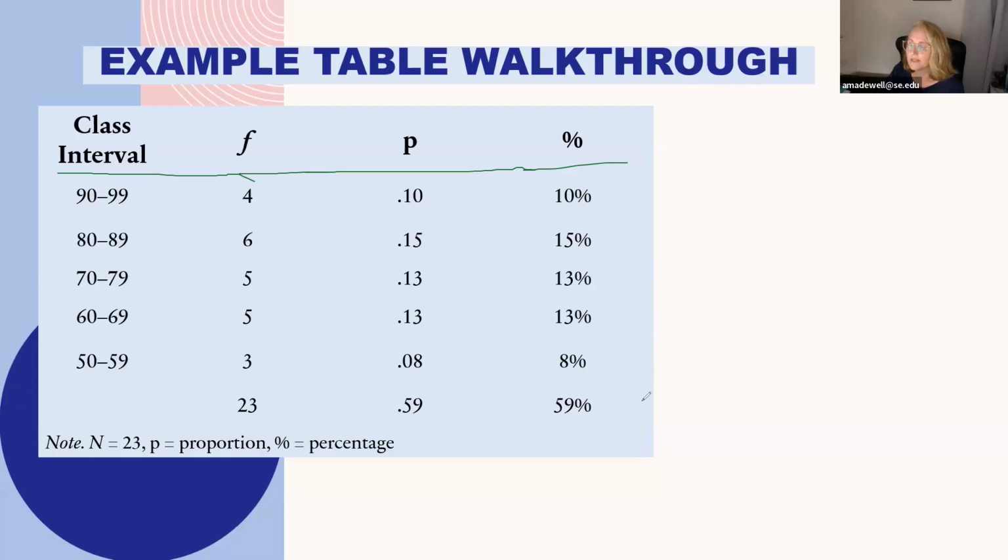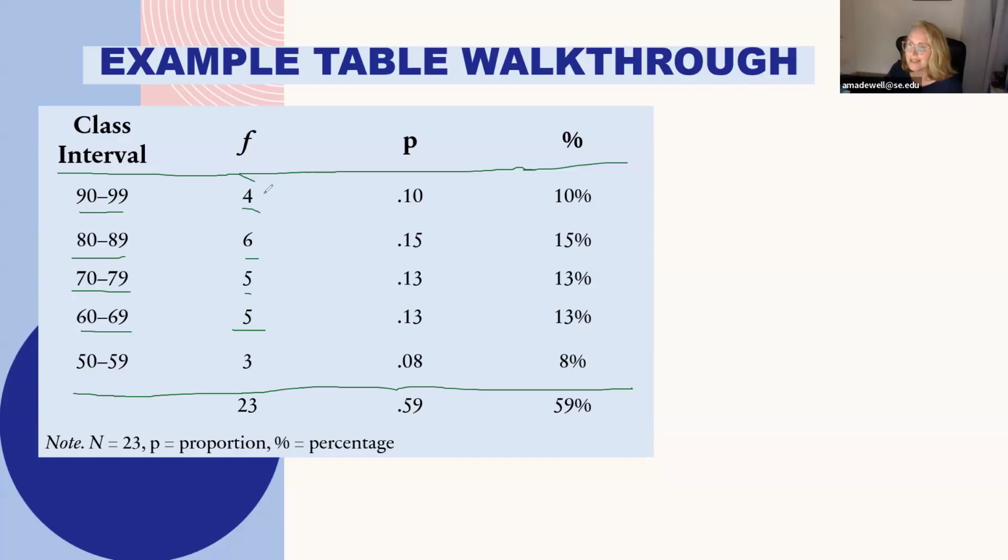We want to give all of this information, and we also need a line down here according to APA style. If our first interval is from 90 to 99, that means there were 4 people. From 80 to 89, 6 people. 70 to 79, 5 people. 6, and so on and so forth.